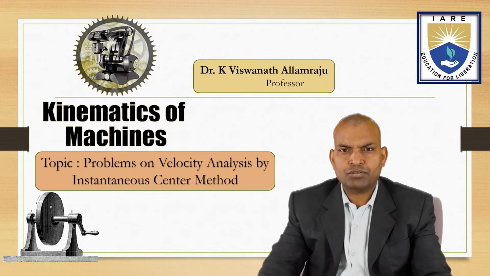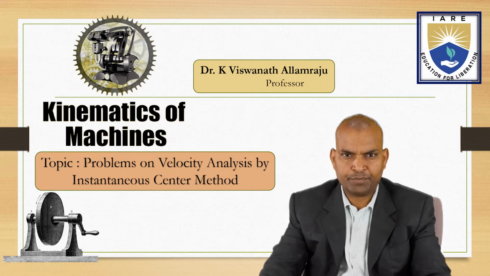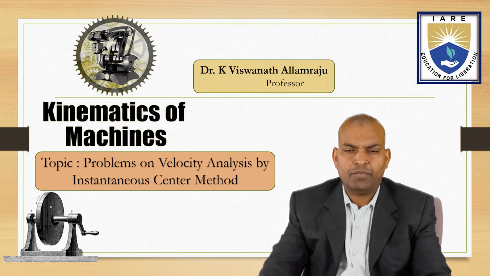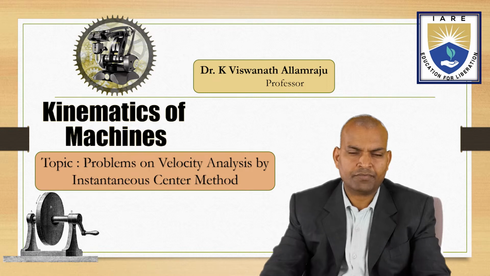So here we are going to do velocity analysis by using the instantaneous center method. As we discussed in previous classes, there are two methods to calculate the velocities of various links of a mechanism. Number one, the relative velocity method, and number two, the instantaneous center method.